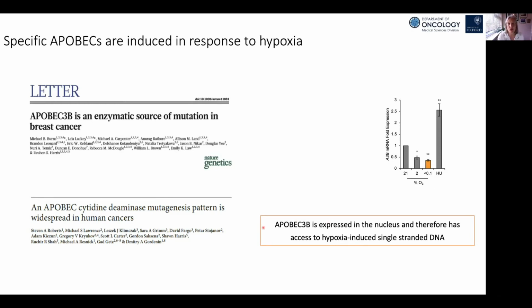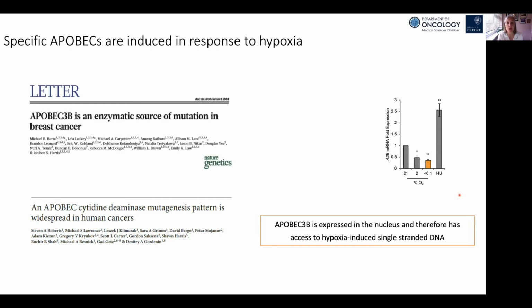Also, it's important to note that A3B is expressed in the nucleus, and therefore this is the apobec that actually has access to the single-stranded DNA which accumulates in hypoxia. So this was a little bit concerning, but we thought we would persevere and ask, well, this is just expression.